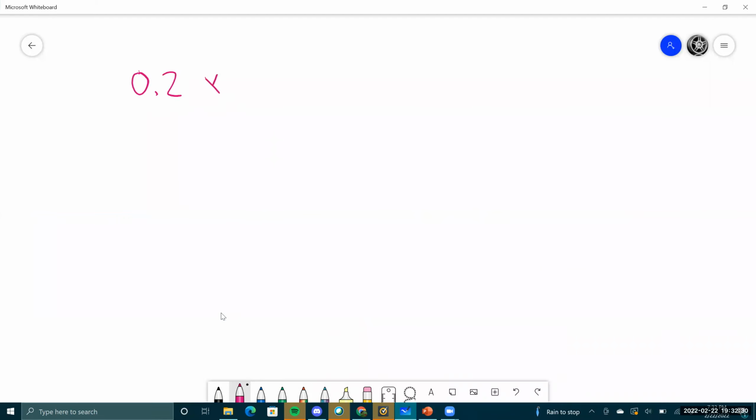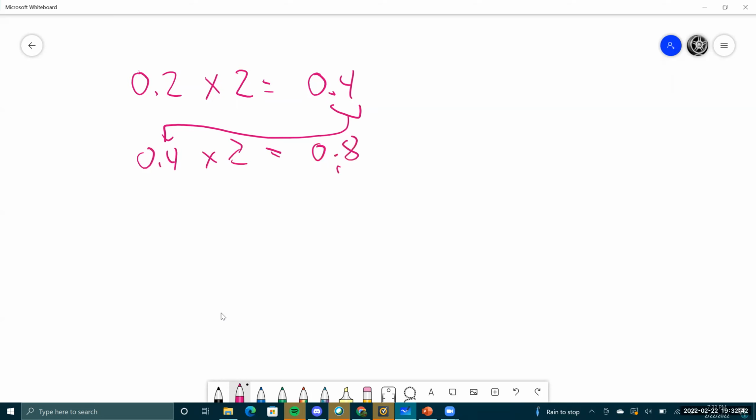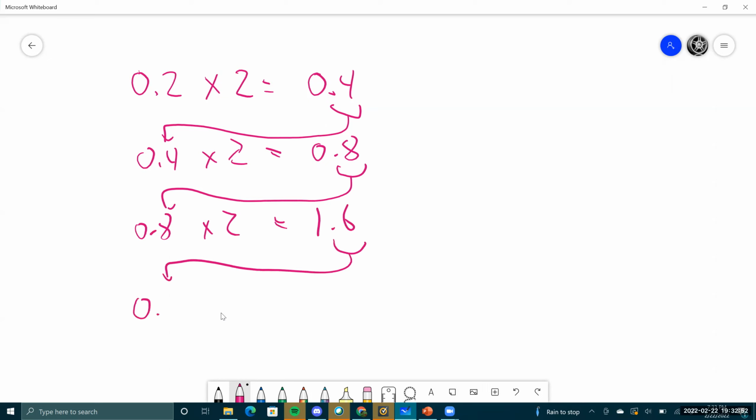We keep multiplying by 2, right? This gives me 0.4. 0.4 times 2 would be 0.8. I just keep multiplying by 2. 0.8 times 2 is 1.6. 0.6 times 2 is 1.2.